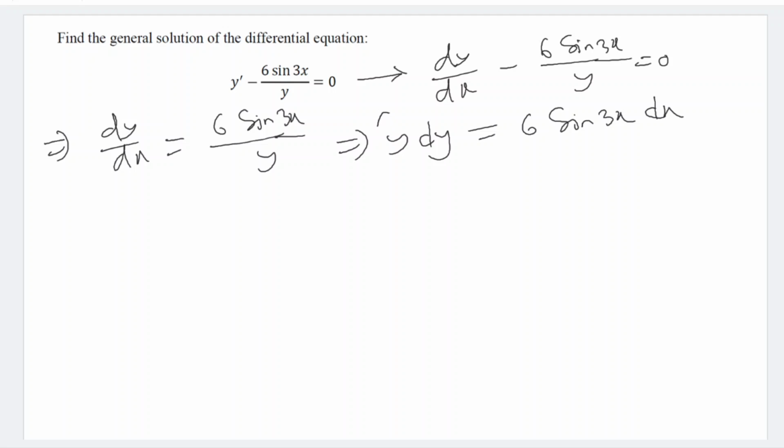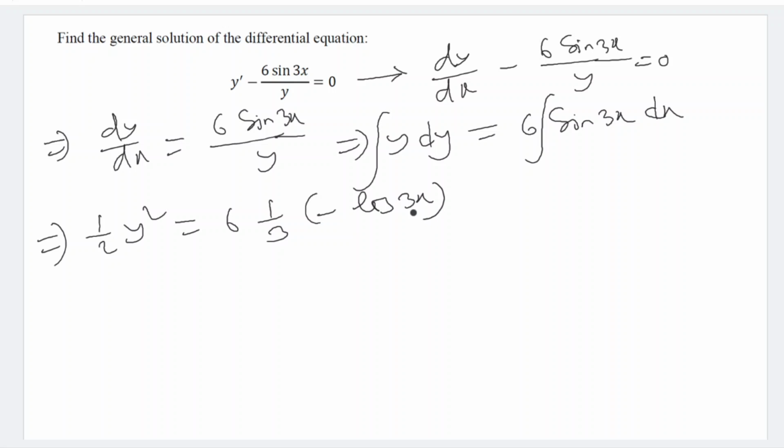Now we can integrate both sides. We'll get half y squared equals 6 times 1 by 3 times minus cos 3x. So this one we can write now half y squared equals minus 2 cos 3x plus c. C is the integrating constant here.